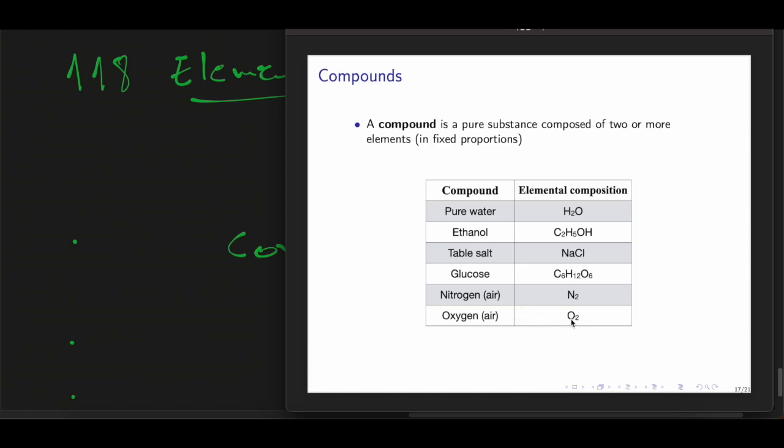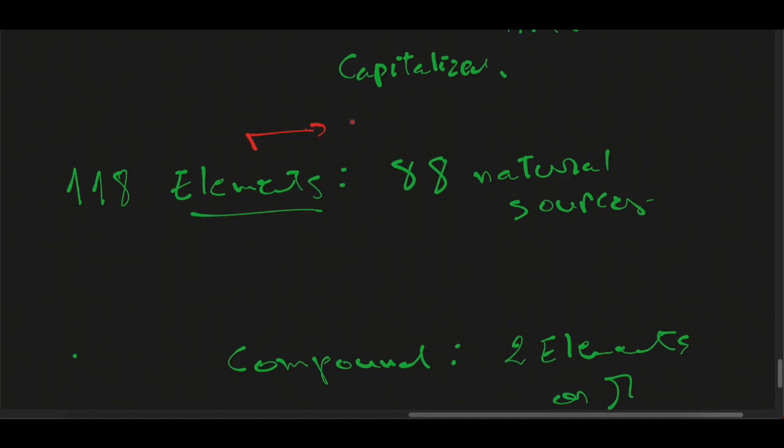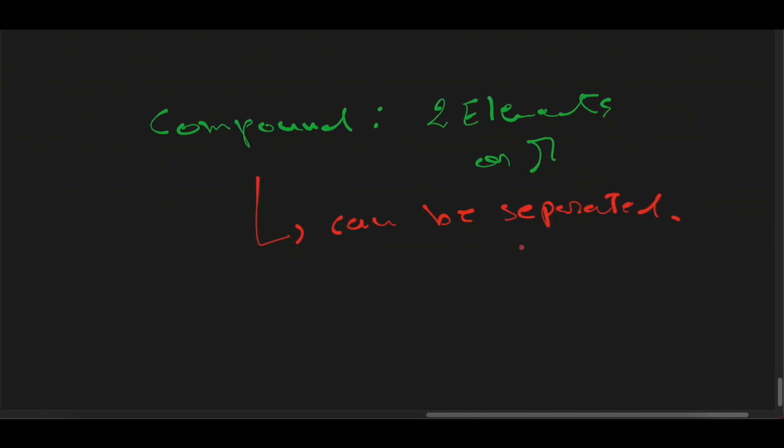Oxygen gas is composed of two oxygen atoms. Also, we say here that elements cannot be separated into simpler elements, but a compound can be separated into simpler elements. It can be separated into simpler particles using chemical processes.